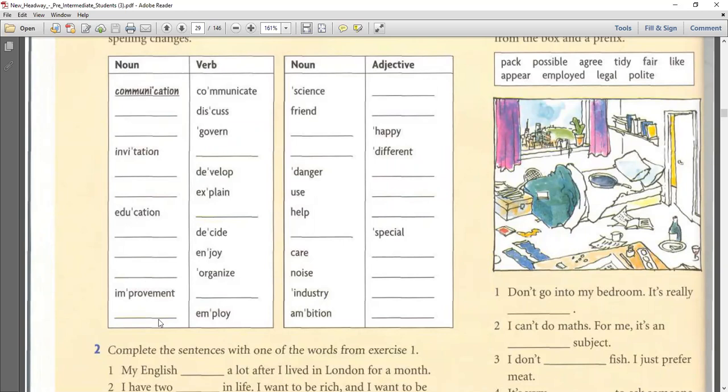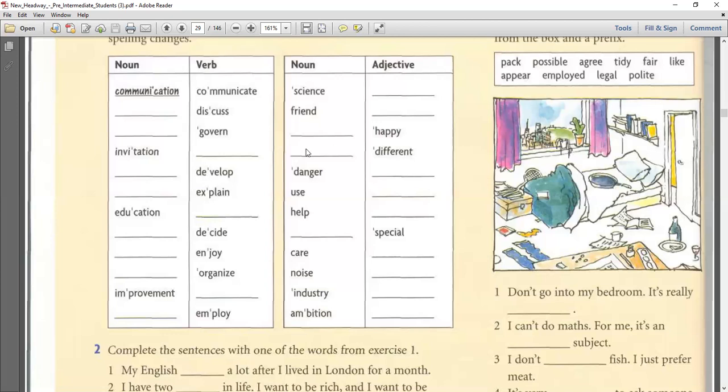Employ, employment. Okay. In these columns we have science, scientific. Friend, friendly. Happy, this is the adjective. The noun is happiness. But of course you have to keep in mind that some differences are related to the spelling. بعض الكلمات تتغير بها بعض الحروف. Okay. حرف أو حرفين. Different is the adjective.